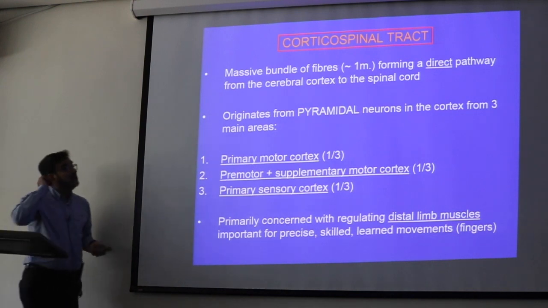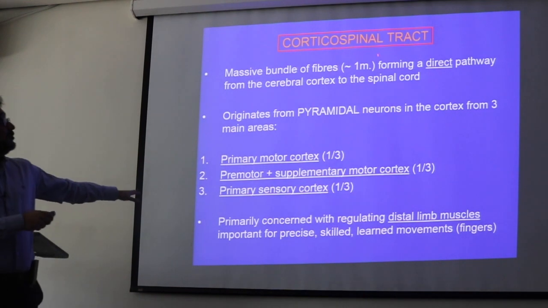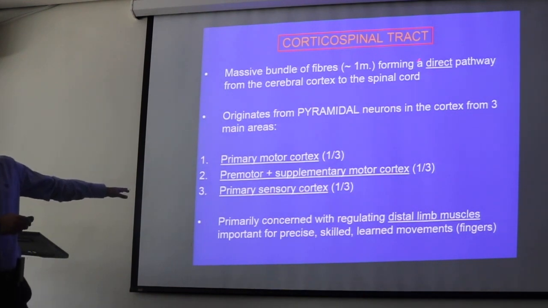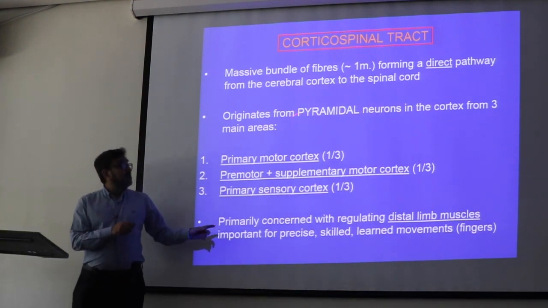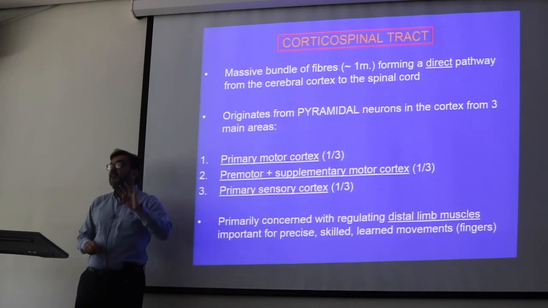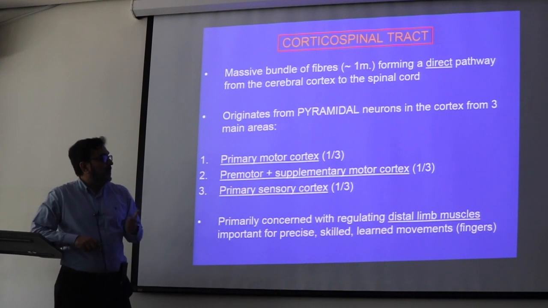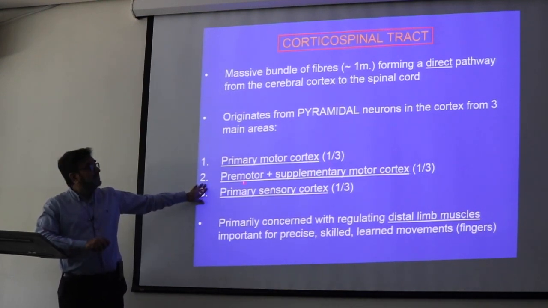So now we are coming to the corticospinal tract. It's a massive bundle of fibers about 1 meter long, forming a direct pathway from the cerebral cortex to the spinal cord. It originates from pyramidal cells in the neurons of the cortex, and the three major areas from where the pyramidal tract comes out are the primary motor cortex, 1/3 of the fibers, premotor and supplementary motor cortex, 1/3 of the fibers, and primary sensory cortex, 1/3 of the fibers.